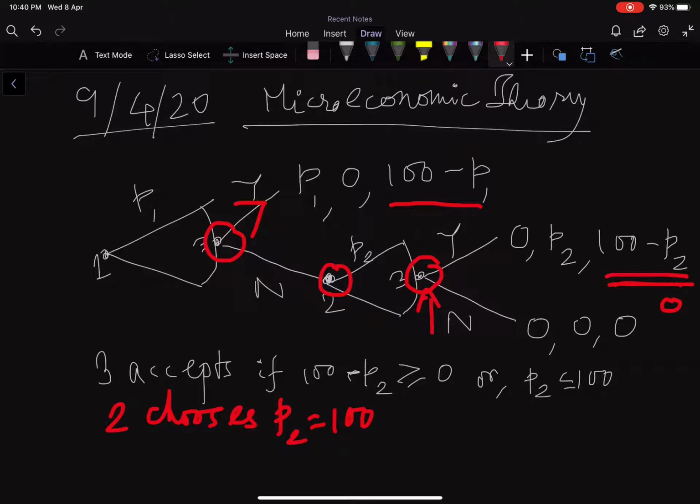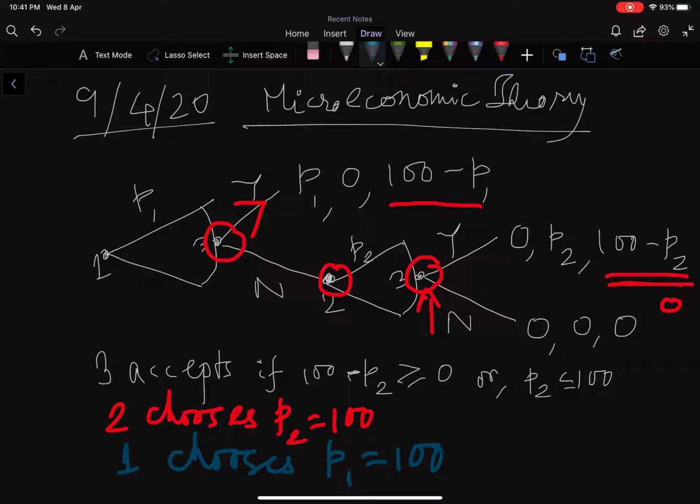So we say that player 1 also chooses p1 equals 100. Okay, so you see in this sequence of games 3 loses out, even though there are 2 players who are trying to share their part with player 3. 3 doesn't gain from this extended version, from the multiplicity of people who are trying to share the money.